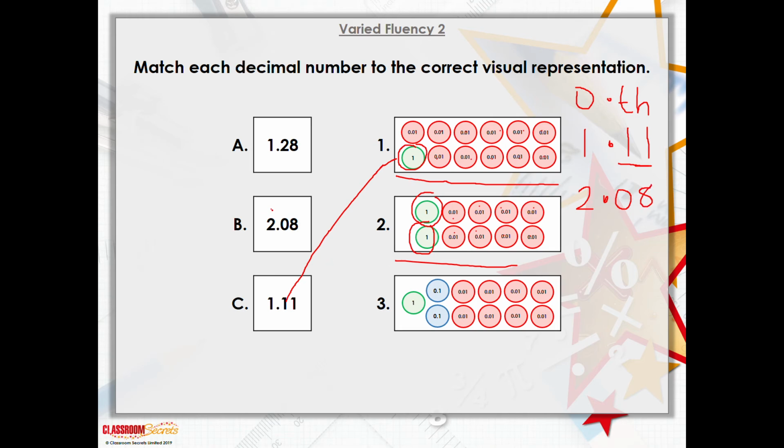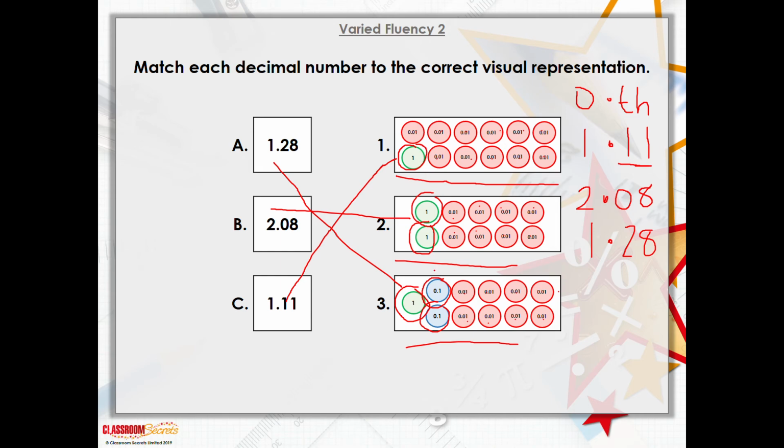So 2.08. B goes to 2. And I'm just going to check 3. We have 1 one, decimal point. How many tenths counters we've got? We've got 1, 2 tenths. And how many hundredths? 1, 2, 3, 4, 5, 6, 7, 8. 8 hundredths. 1.28. So we match A down to 3.